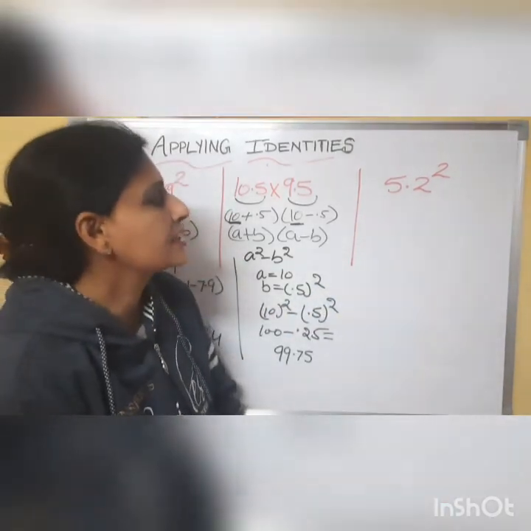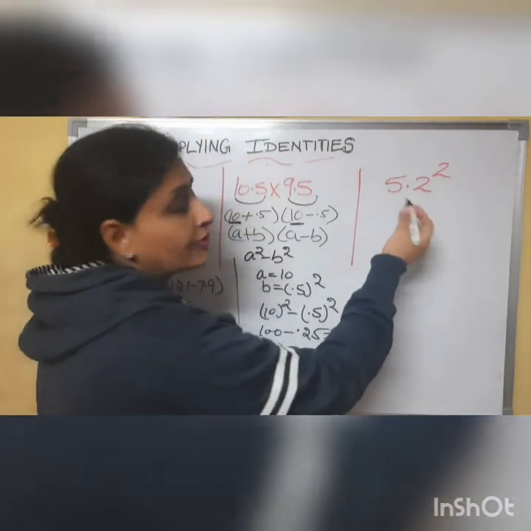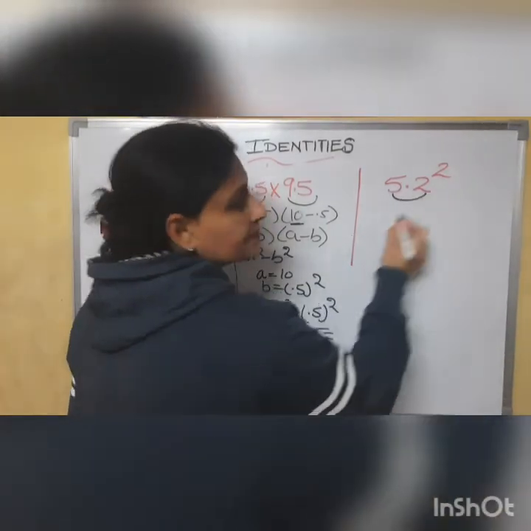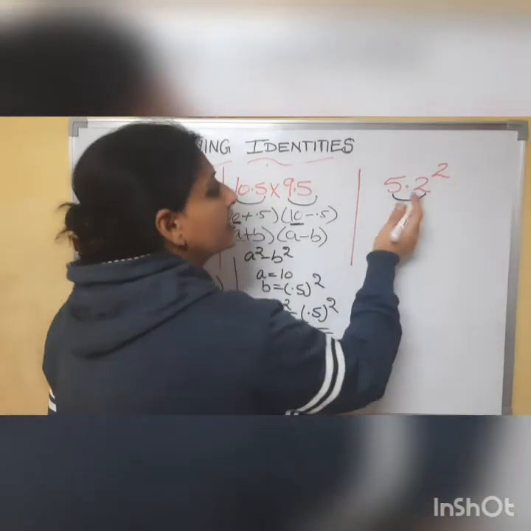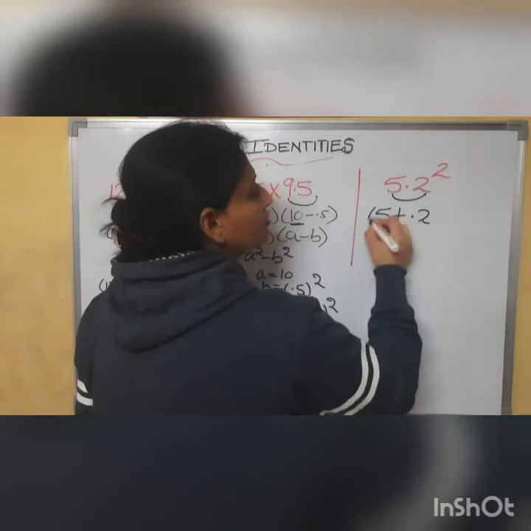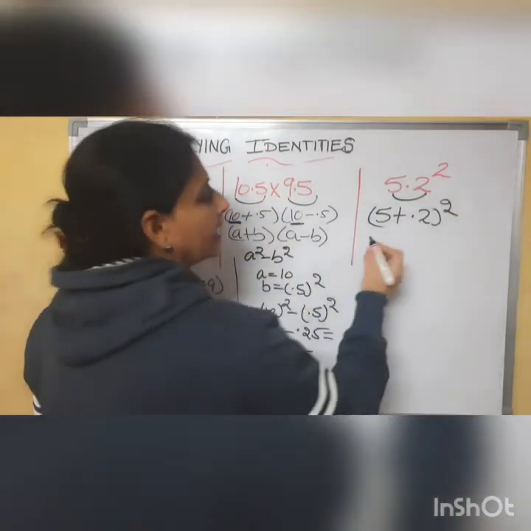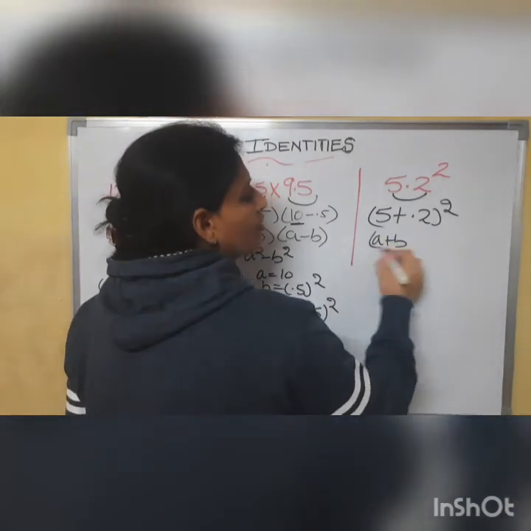Now we are on the very last part of this. In the given question again, instead of writing 5.2, we are going to substitute the given figure. It can be written as 5 plus 0.2 whole square. Now definitely it is inviting the identity (a plus b) whole square.